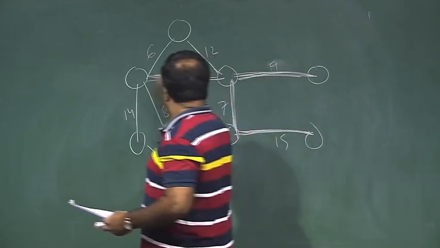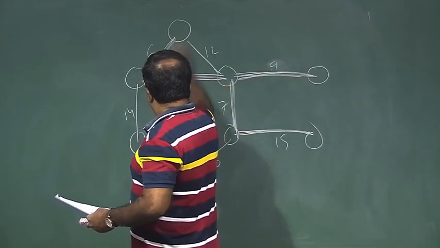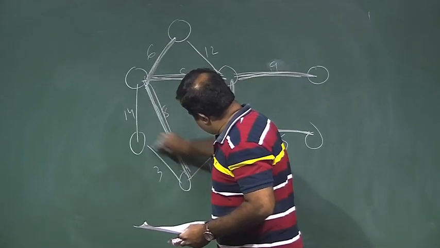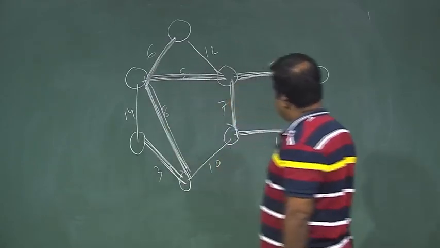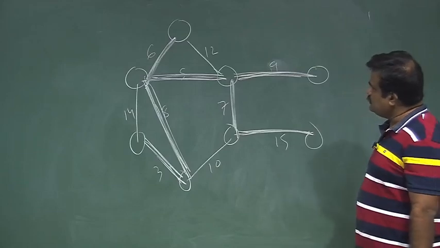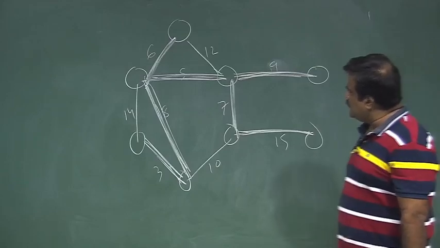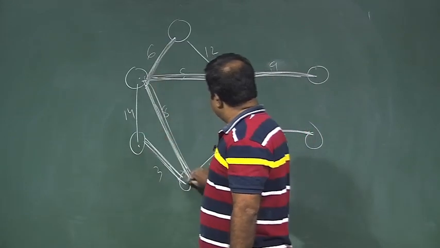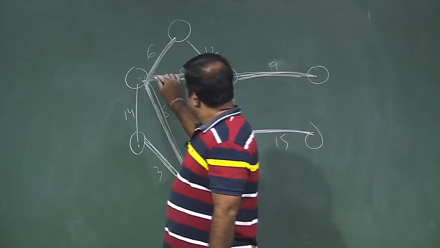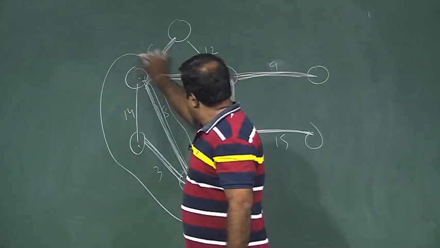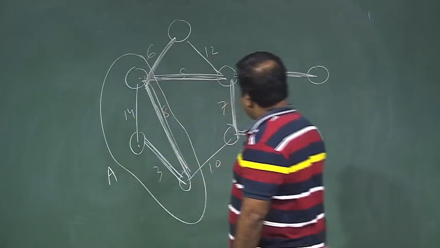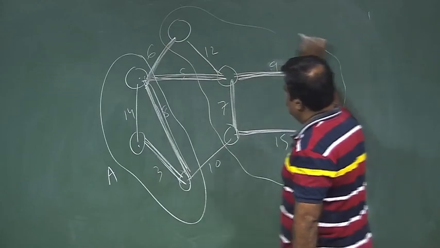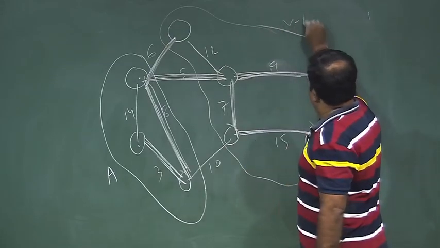Now we take some vertex as A, and the remaining vertices are V minus A, or A complement.